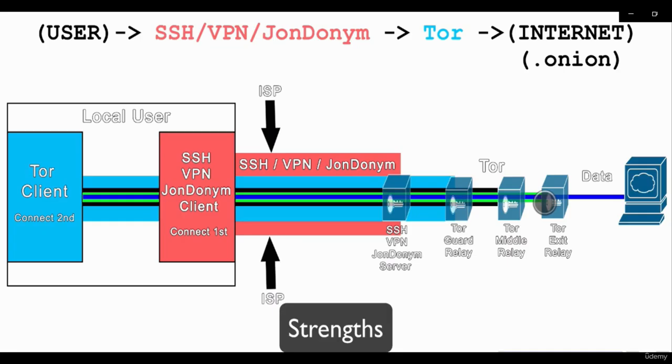So this is how an ISP helps a local user, VPN, gaining data using Tor through SSH, VPN, or Jondonym server, or Tor guard relay, or Tor middle relay, Tor exit relay, then it gains this data.